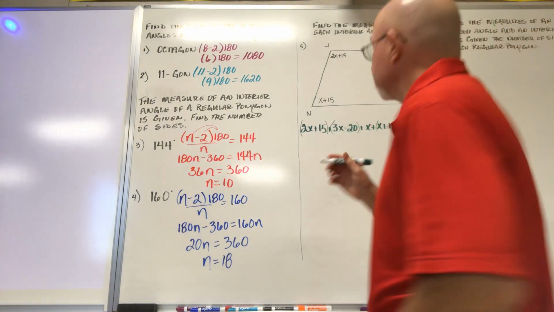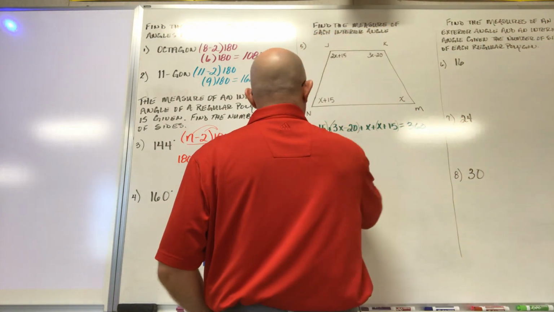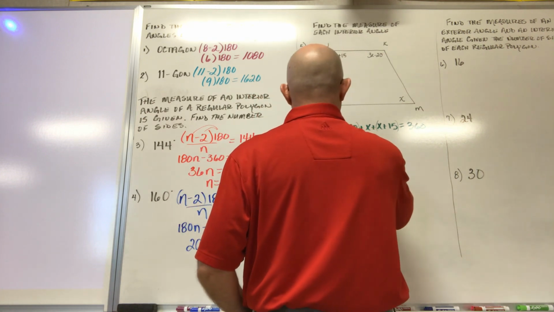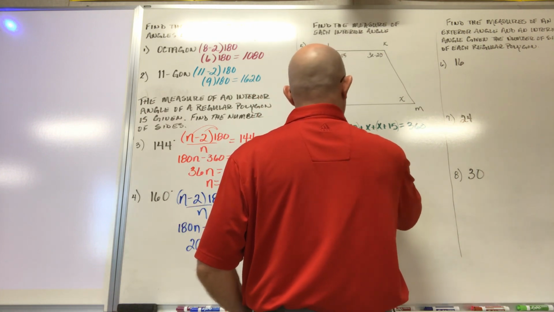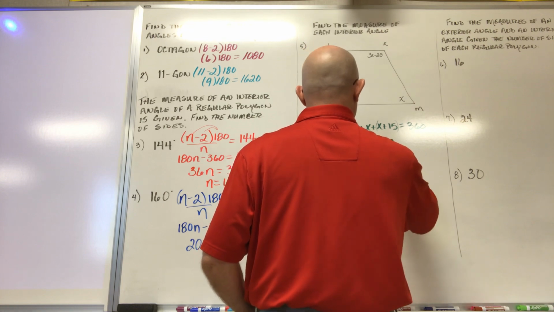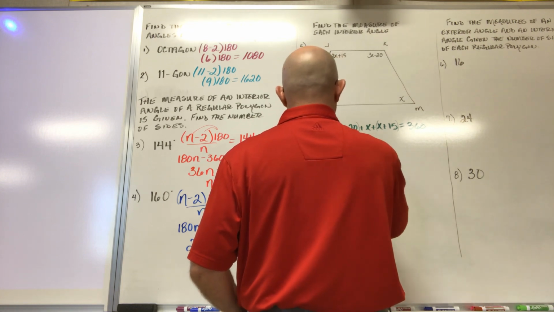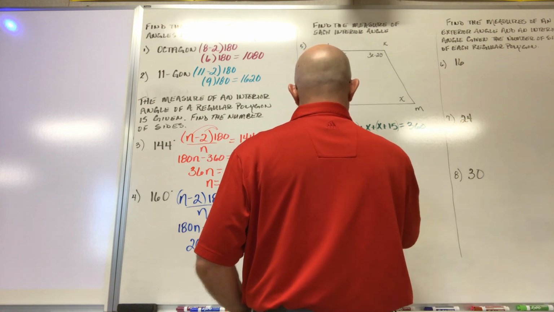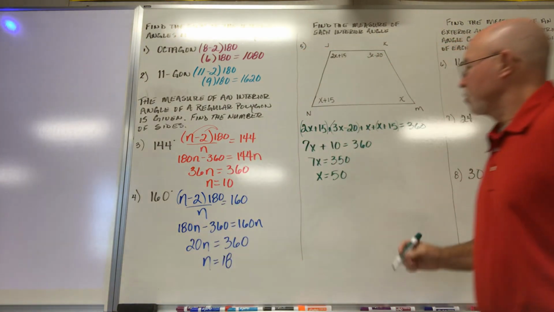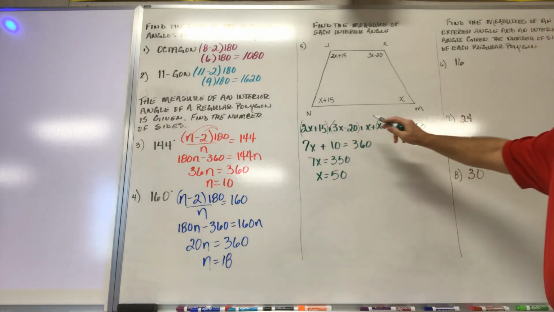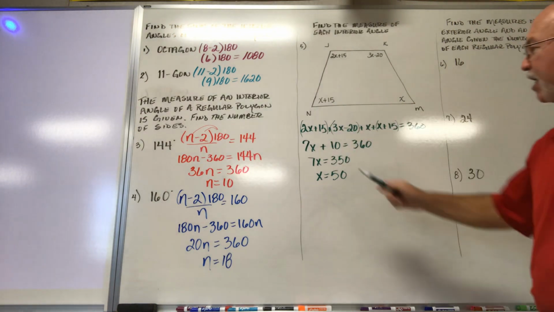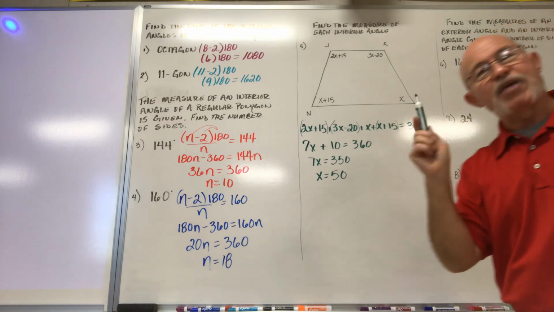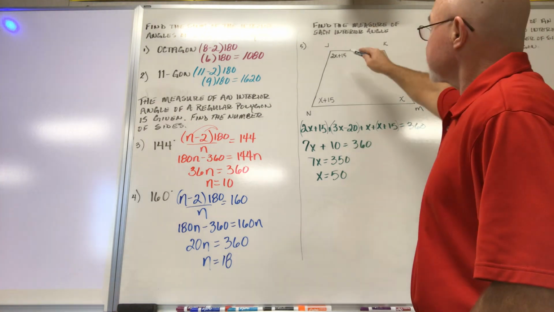Combine similar terms. Add up the x's, combine the numbers, subtract, divide. So the x is 50.